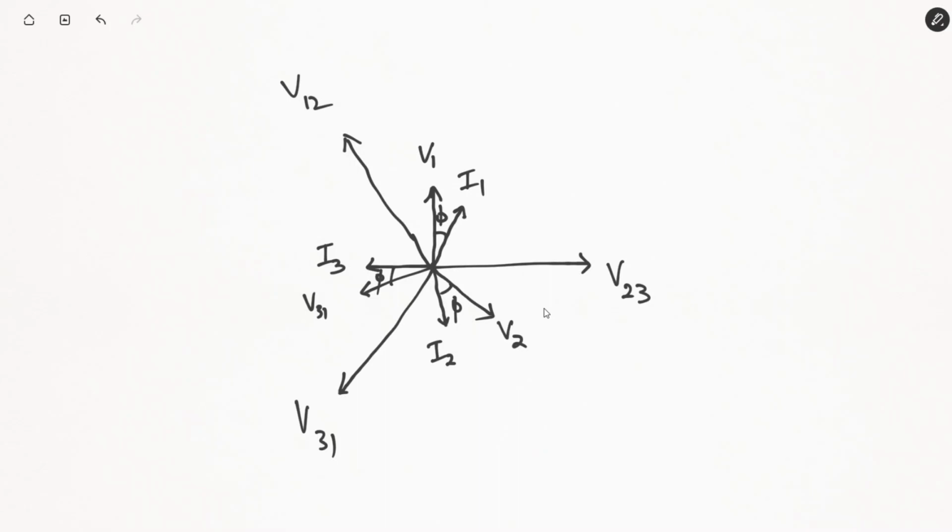Fine. And you'll have the phase voltages V1, V2 and V3 at 30 degrees. And I1, I2, I3, the 3 line currents, depending upon the load, whether it's inductive, resistive, whatever the load is, you will have phi, the phase difference between the line currents and the phase voltage.